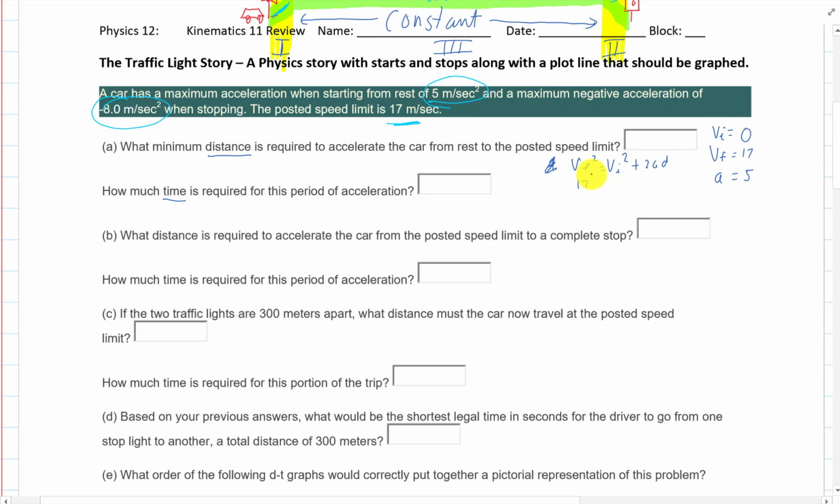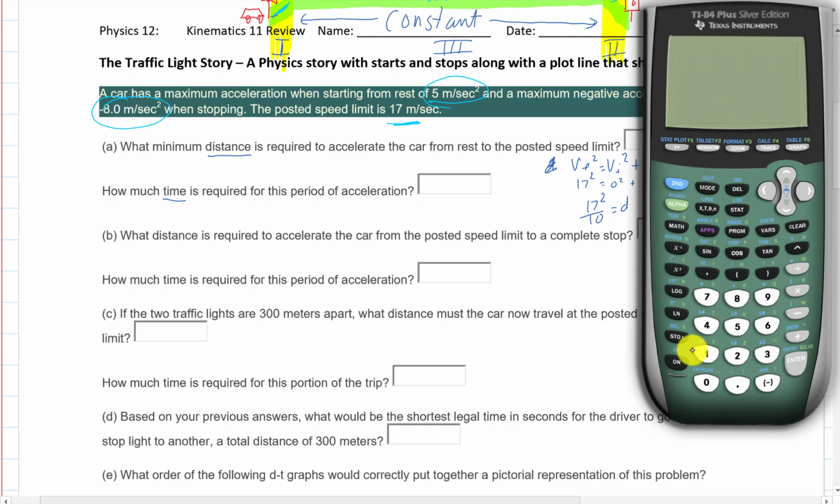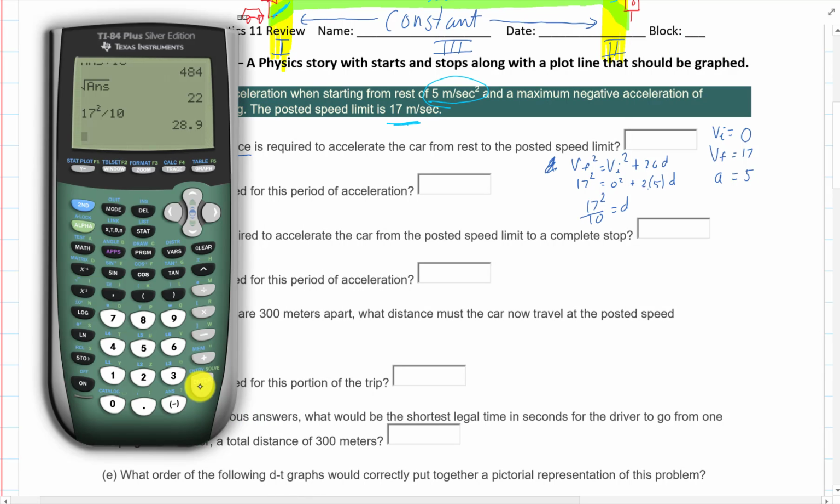So 17 squared is equal to 0 squared plus 2 times 5 times D. The 2 times 5 is 10, so this is going to be 17 squared divided by 10, is the D. So the starting distance to get up to speed takes him 28.9 meters.